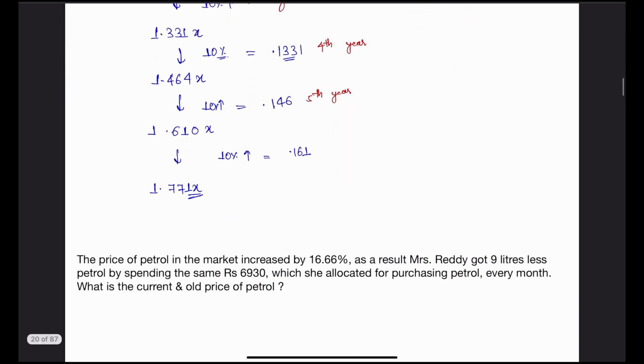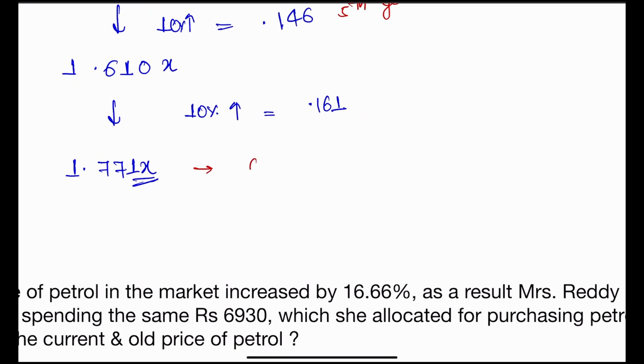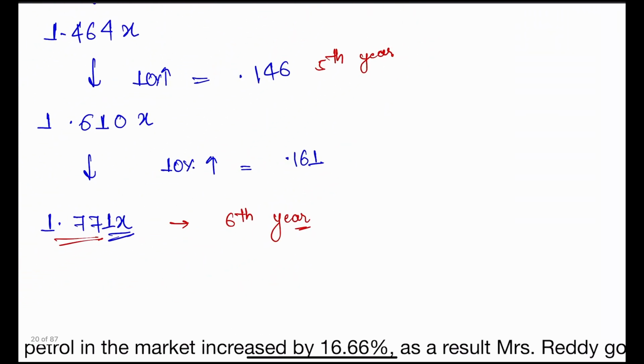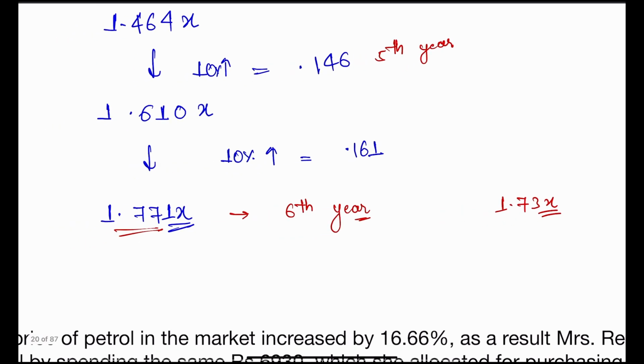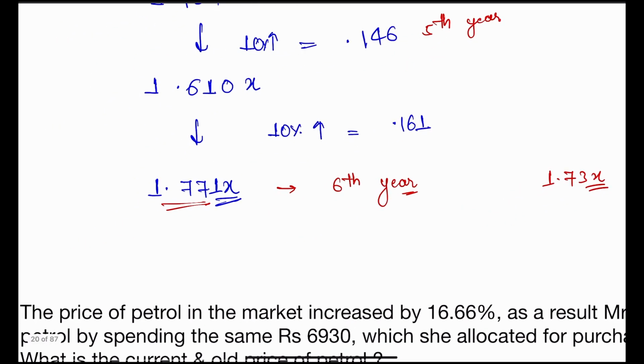Okay, so at the end of the sixth year it becomes 1.771x, but how much do we need? 1.73. We need only 1.73x. So how much increase is there in this one?